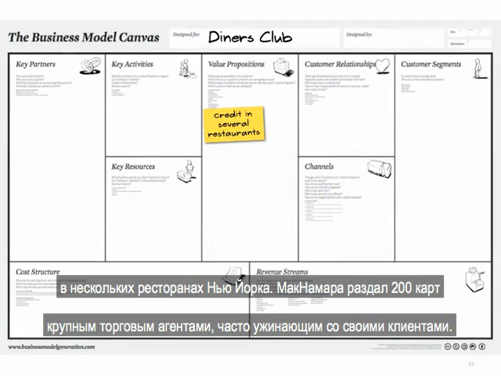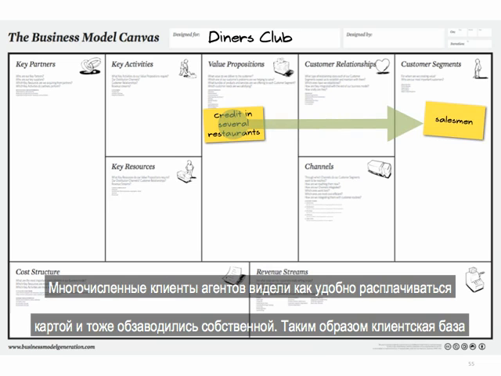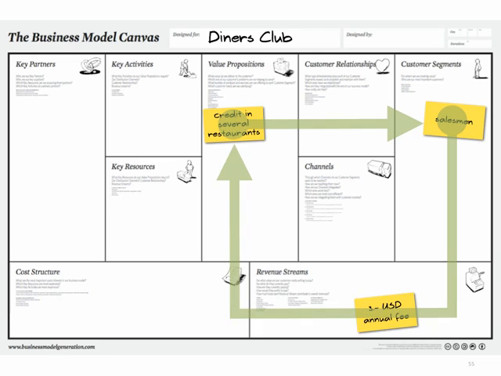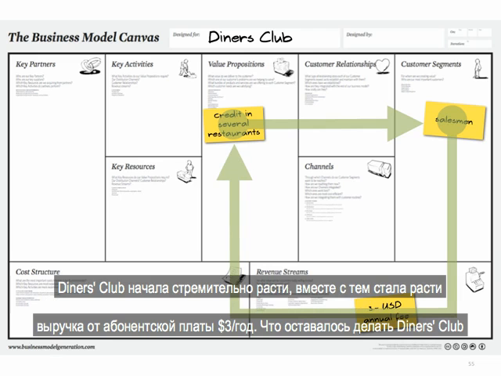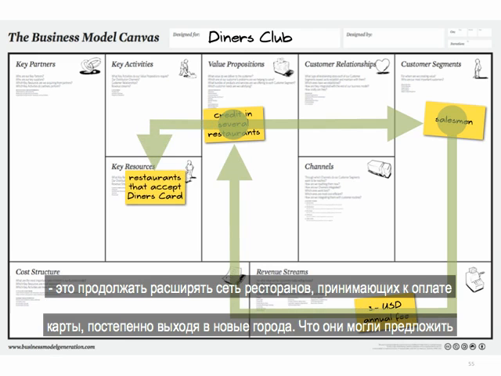Well, they were offering credit with a card in several restaurants to salesmen, and these salesmen would invite their customers to different restaurants then in New York. And the salesman would pay a $3 annual fee, which obviously today is not very much, but then it used to be worth a little bit more. What did Diners Club have to ensure?